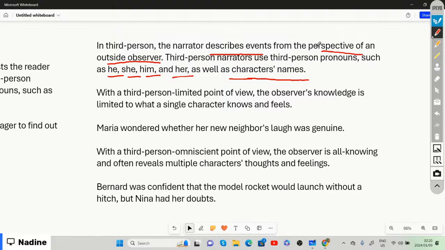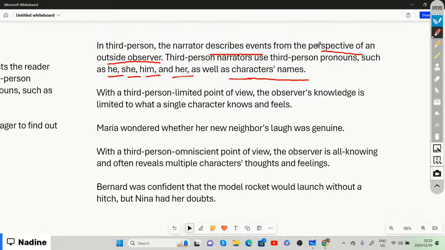You'll be able to know if the love is genuine or not, if the person's character is genuine or not, right? For example, Bernard was confident that the model rocket would launch without a hitch, but Nina had her doubts. So Nina had a limited point of view, whereas Bernard was highly confident, right?